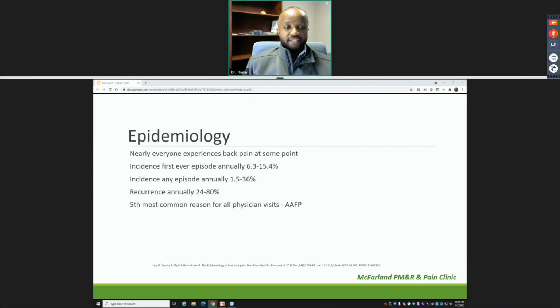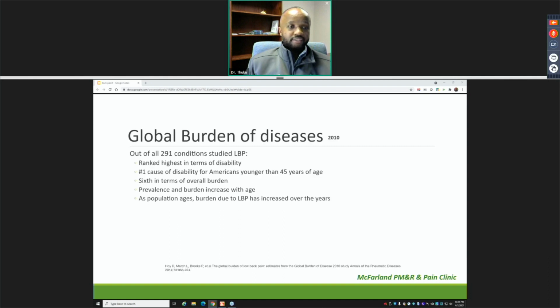And then definitely the Academy for Family Physicians usually says this is the fifth most common reason for physician visits. And that is not surprising, that when they looked at the global burden of disease, and this was back in 2010, it's ranked very high in terms of disability.